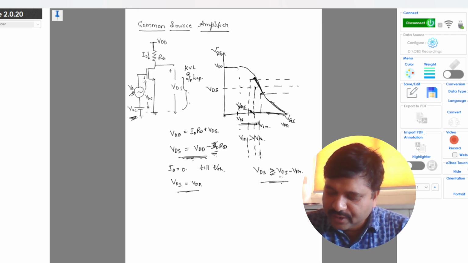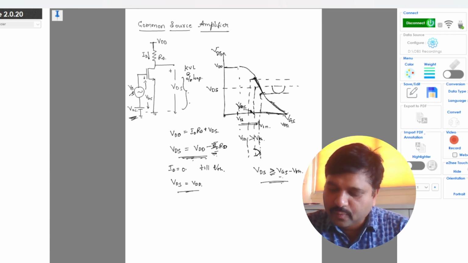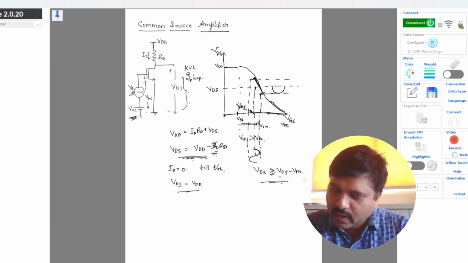Now when you give the input signal from 0 to high, corresponding to this projection on the curve, the output goes from reference to low. When the input is going from 0 to high, the output is going from reference to low, and when the input is going from reference VGS to low, the output is going from reference to high.